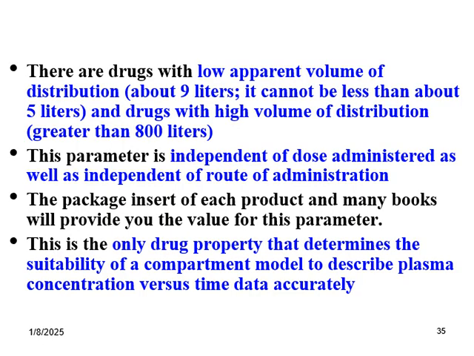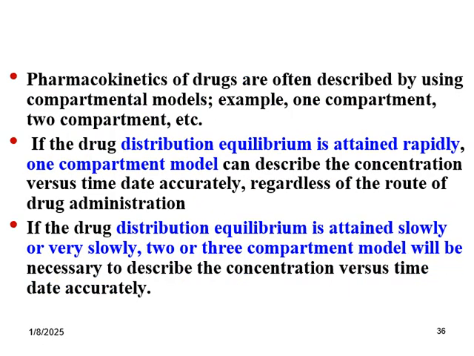And actually, PK, pharmacokinetics, we mentioned pharmacokinetics is a discipline, right? And for a study discipline or scientific discipline, pharmacokinetics of drugs are often described by using compartmental models. For example, like one compartment or 2 compartment model.